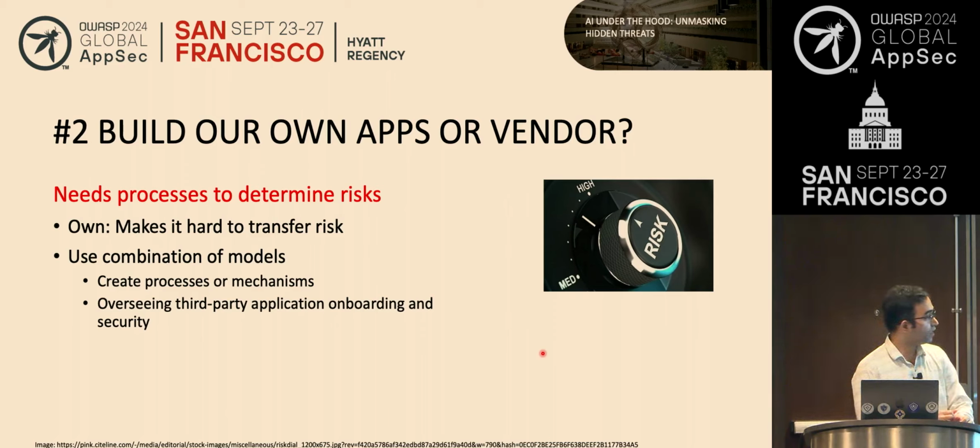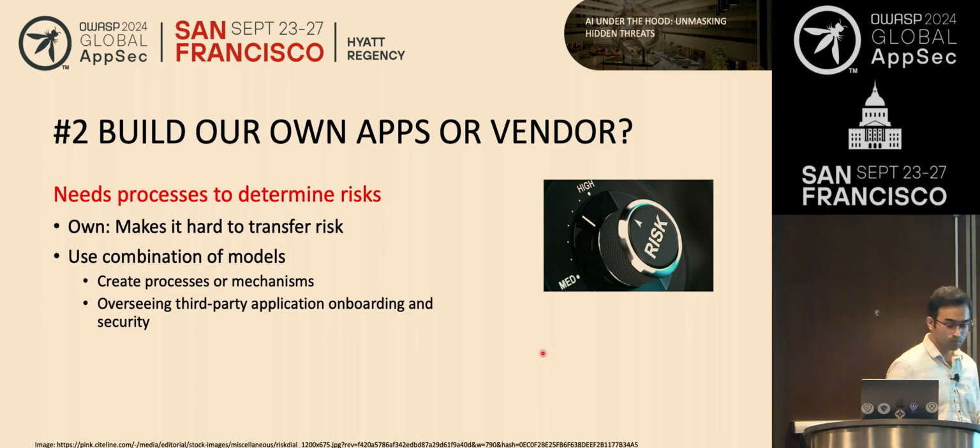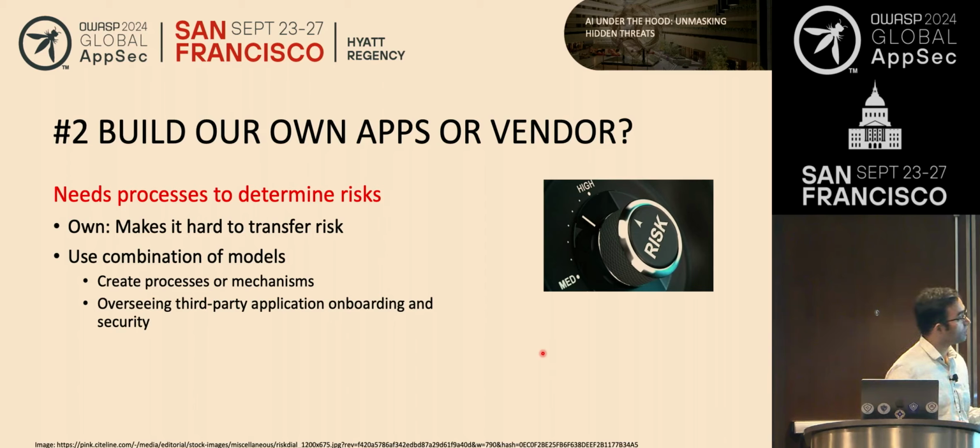The advantage here, if the organization decides to build their own app, is they can control the security aspects of their application, and they can take the responsibility in case something goes bad. The second approach would be to have vendors creating applications for the organization.